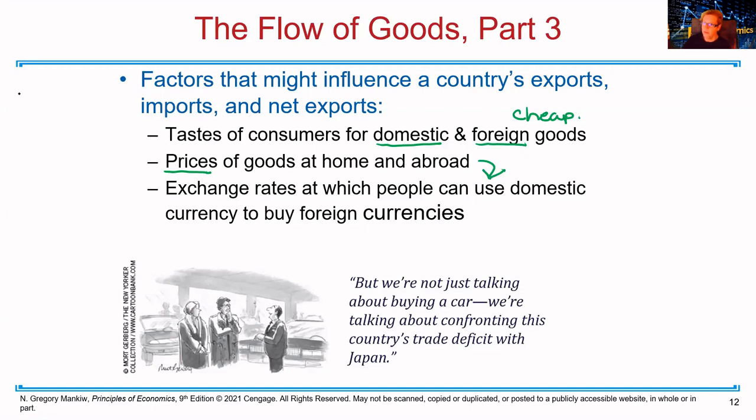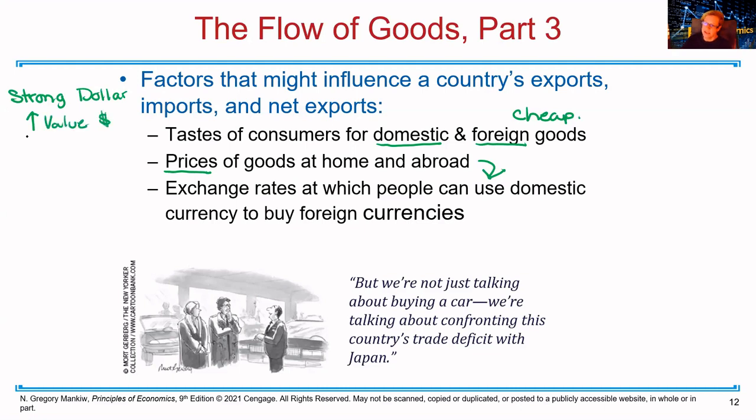Now, you might think that a strong dollar is good. It is. A strong dollar means the dollar's value is going up, which means the money supply is going down. So the value of a dollar increases.